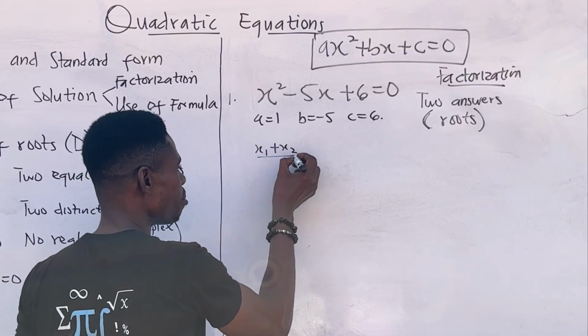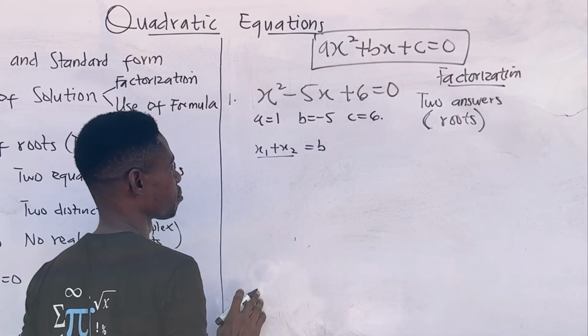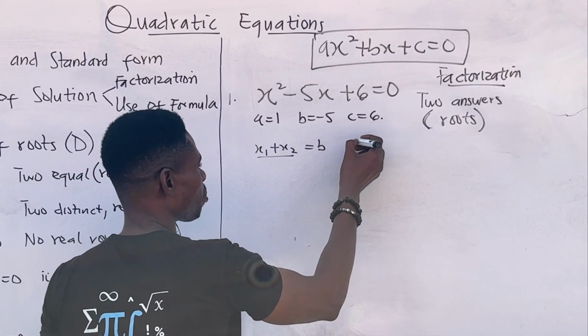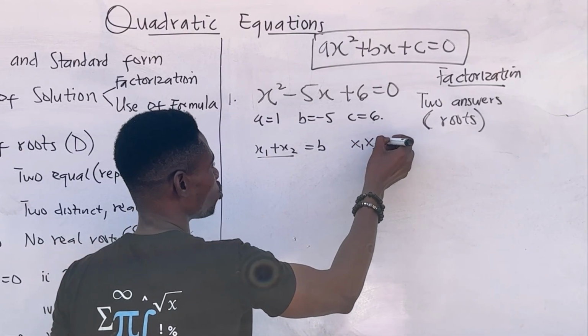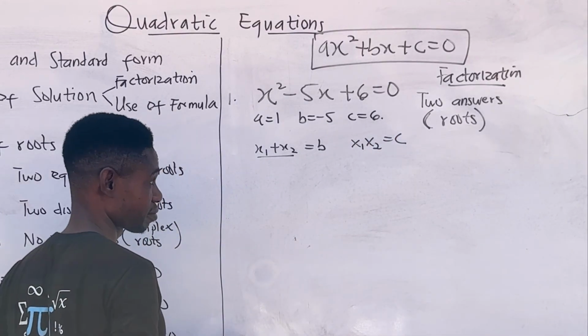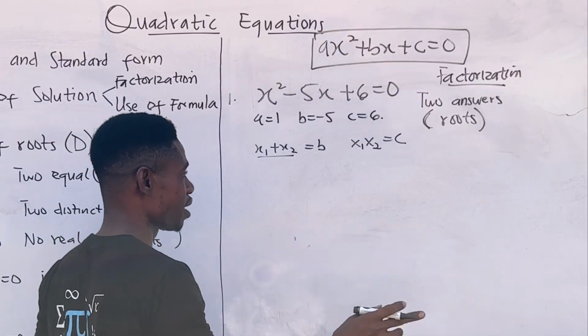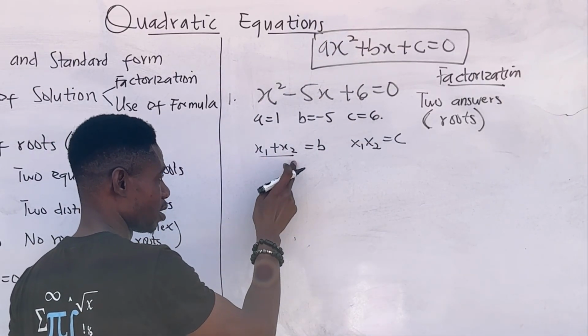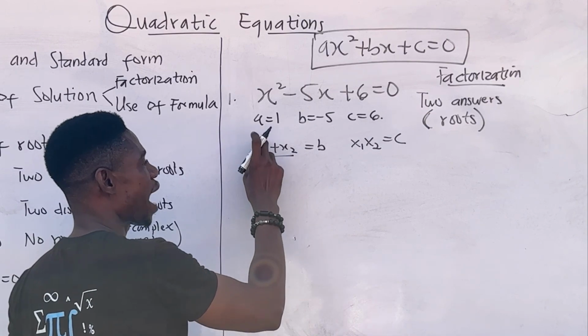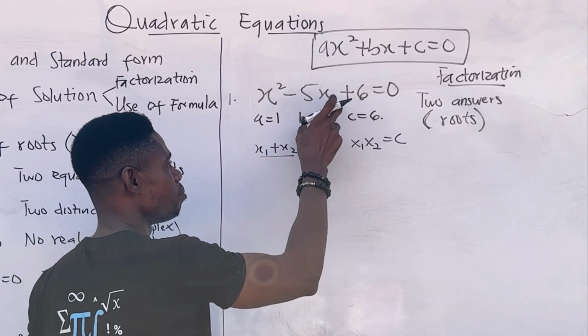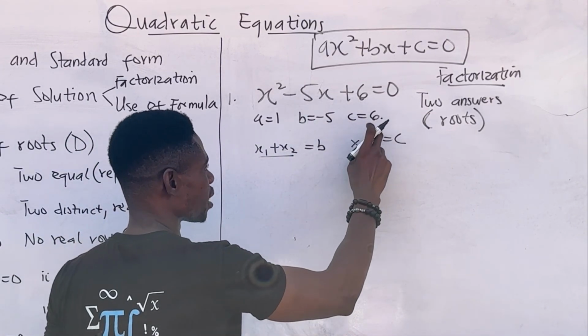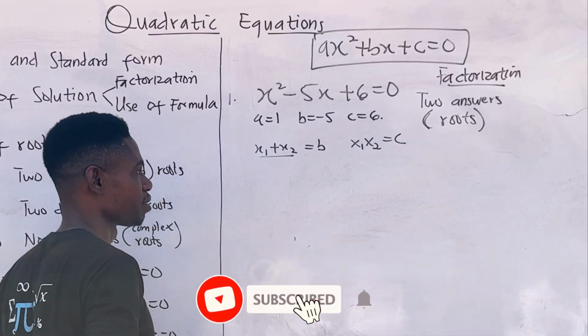When we add them, it will give us b. And when we multiply them, it will give us c. So, for us to solve by factorization, first we get 2 numbers, x1 and x2, that if we add those 2 numbers, the answer is b. We multiply those 2 numbers, the answer is c.